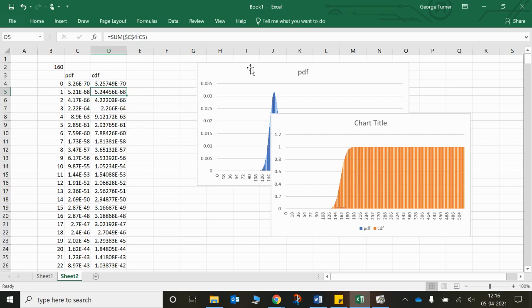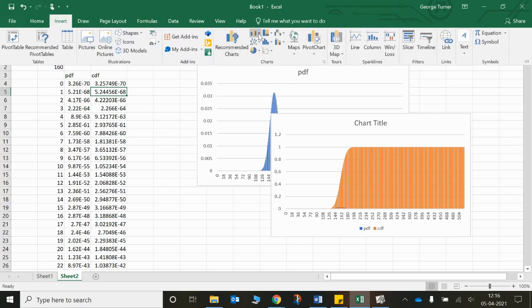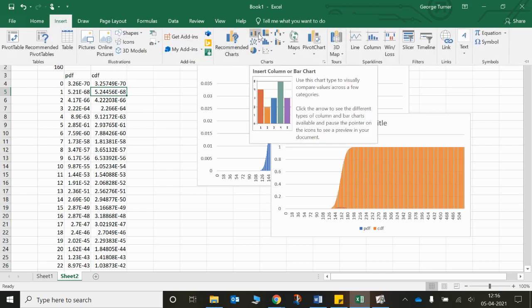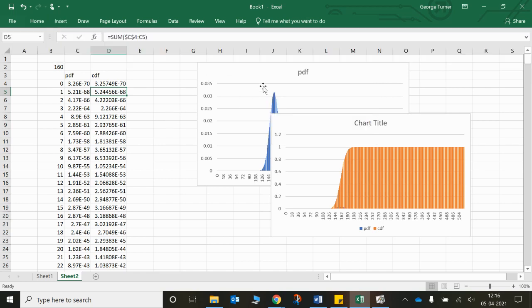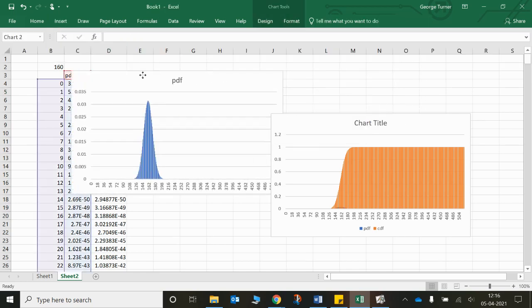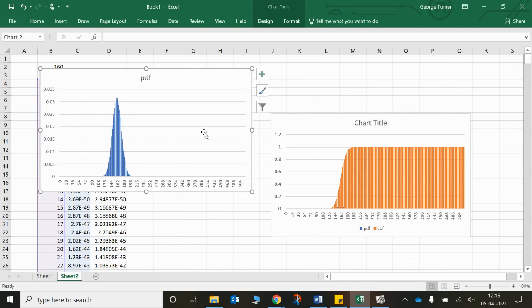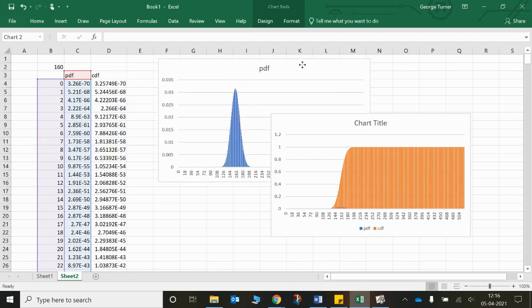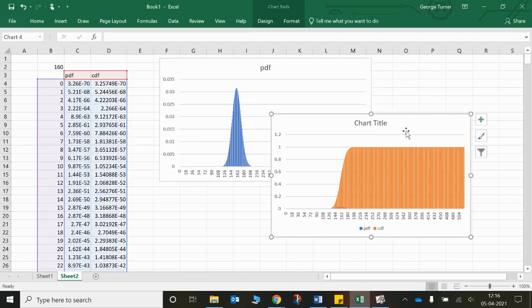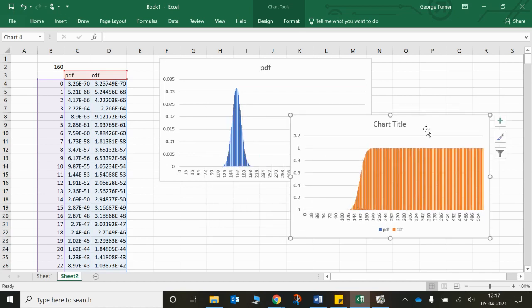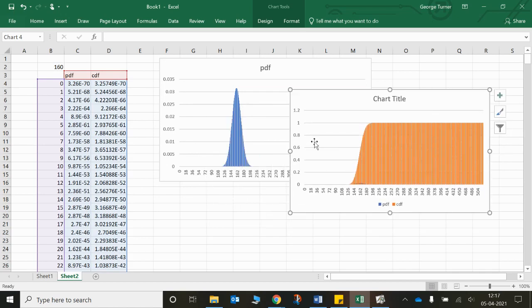Now, I've plotted both of those graphs. I simply went to insert a bar chart, column chart here, and there we go. That's what you can see. There's a PDF, and I didn't label this one CDF, but I could have. Because if you can see on this one, this goes up to 100%.